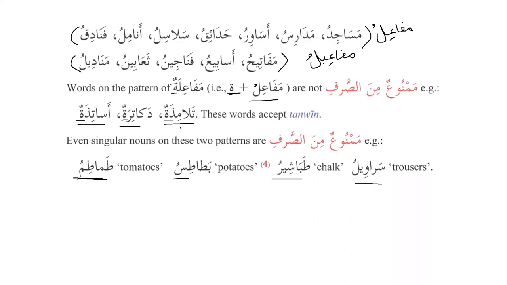Or we can say they are not on the pattern of mafa'ilu or mafa'ilu anymore, because the pattern has changed into mafa'ilatun. Once the pattern changes, there is no need to say it is mamnu min as-sarf, and it can be triptot, which means it will accept tanween.